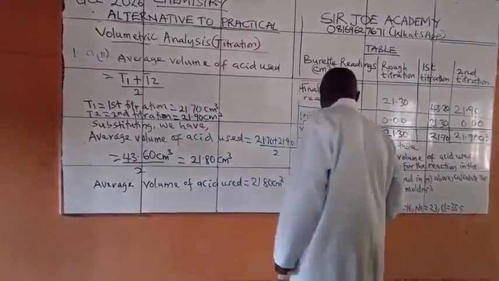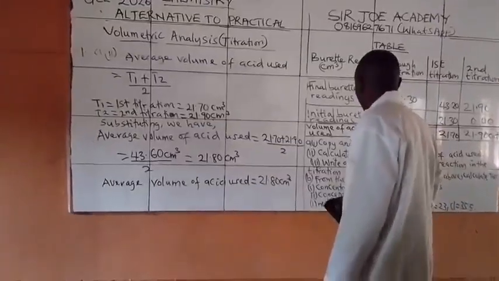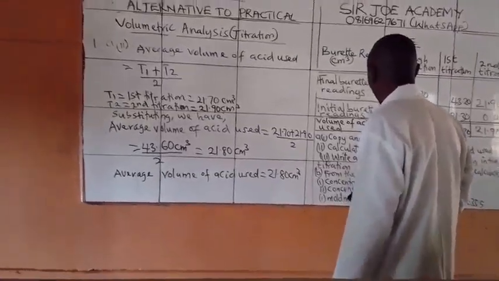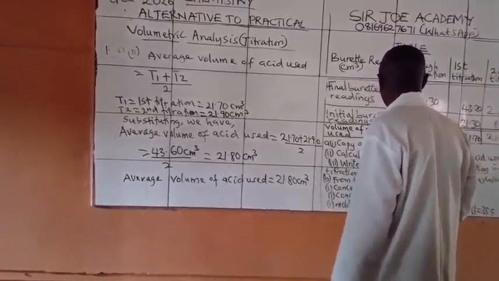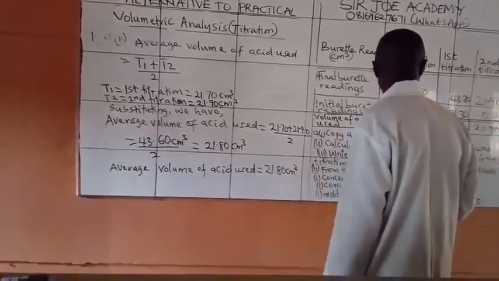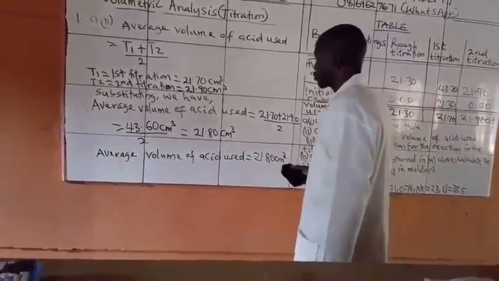Now, we move to question 1A Roman figure 3, that is, write a balanced equation for the reaction in the titration.